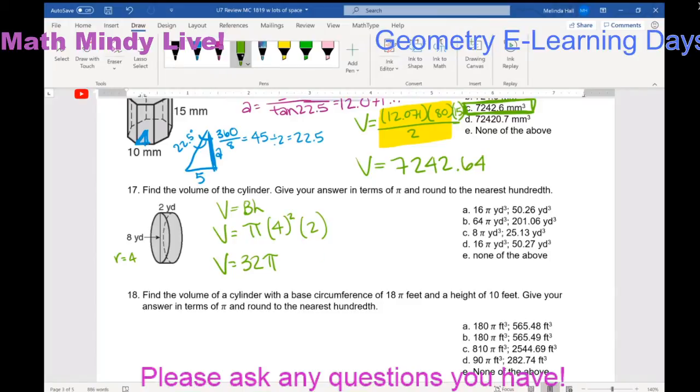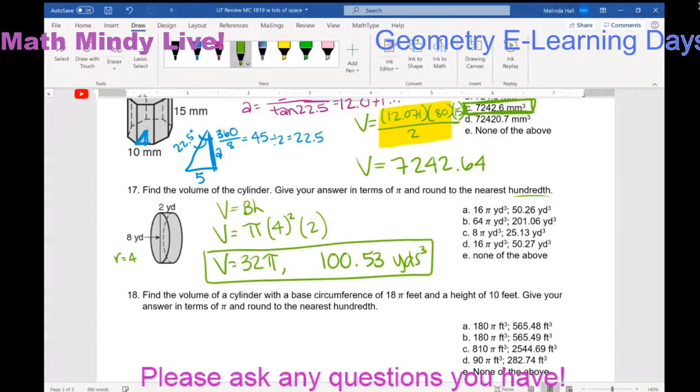That gives us 100.53. And so hundredth, we're good because it's 530. So then that is yards cubed. And because it's 32 and obviously it does not match any of those, that's going to be your none of the above. Okay.